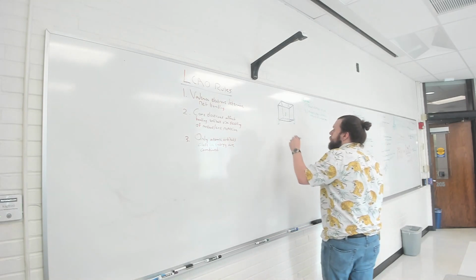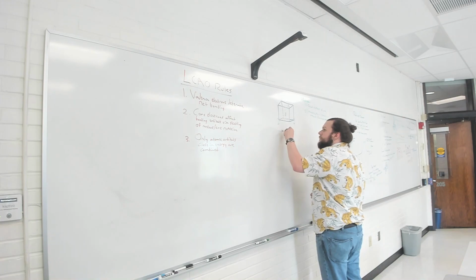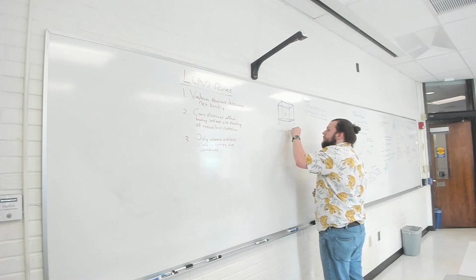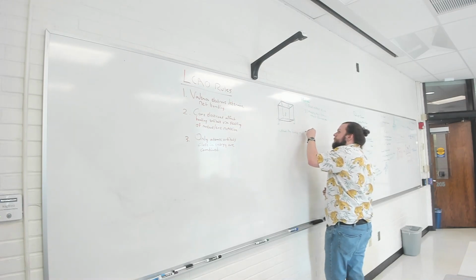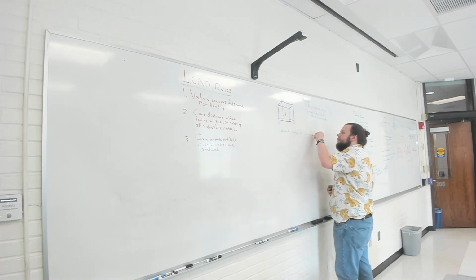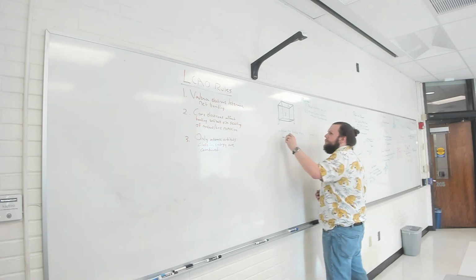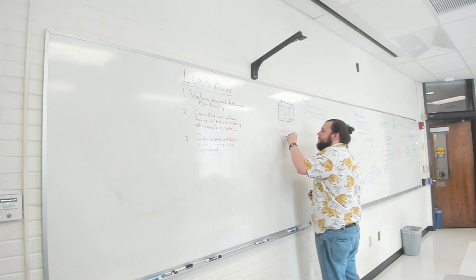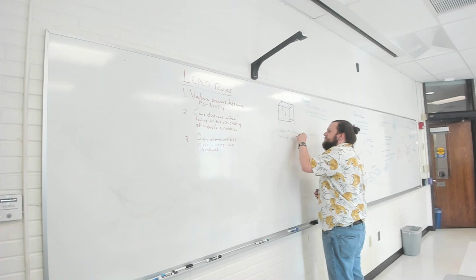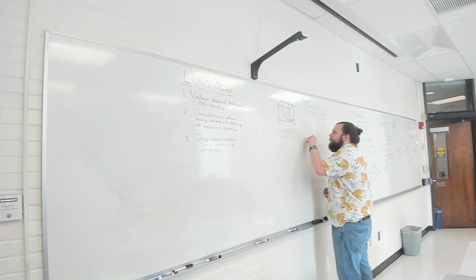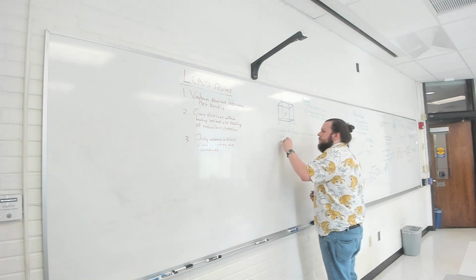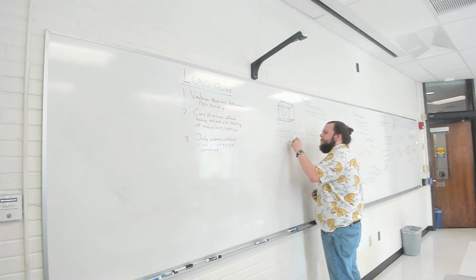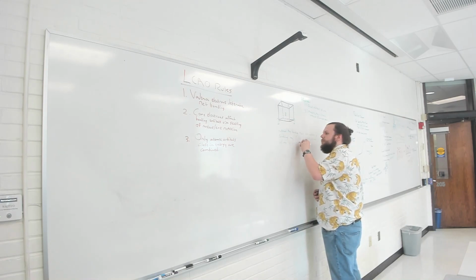So this is how I'm going to construct my molecular orbitals. Now what I'm going to do is construct my bonding MOs for methane by combining my C 2s and 2p orbitals with my 4 hydrogen 1s orbitals.